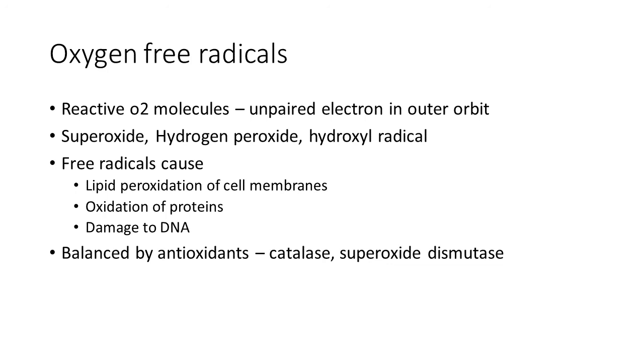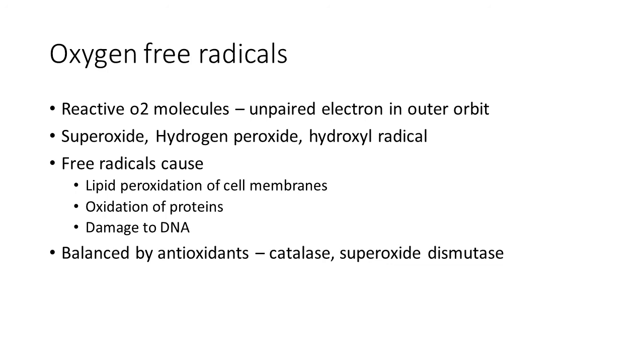Oxygen free radicals are highly reactive oxygen molecules which have an unpaired electron in the outer orbit, which gives them the reactivity. These reactive oxygen molecules are intermediate chemical species formed during the reaction of formation of water from oxygen and hydrogen.